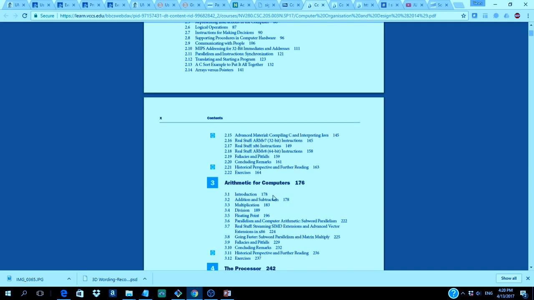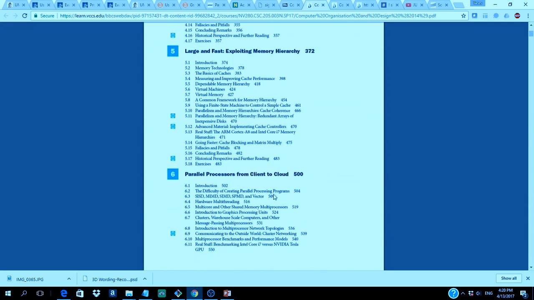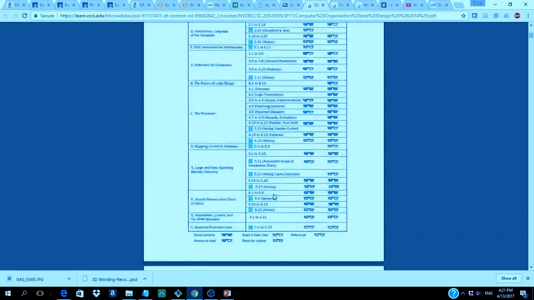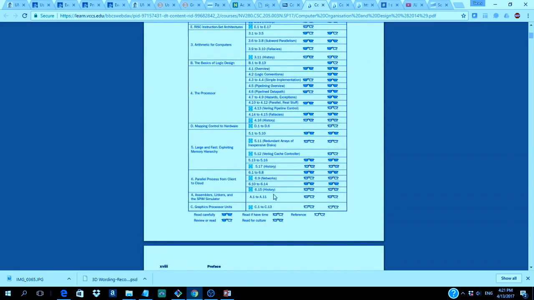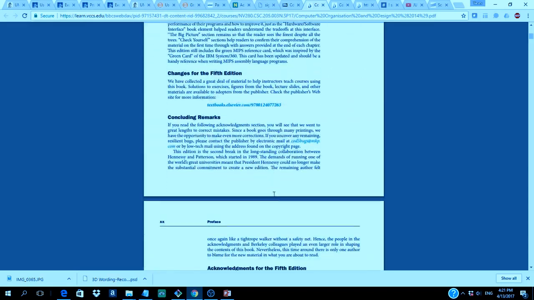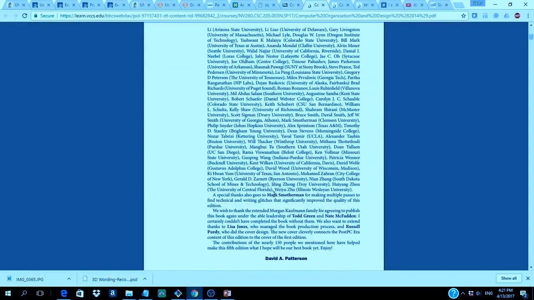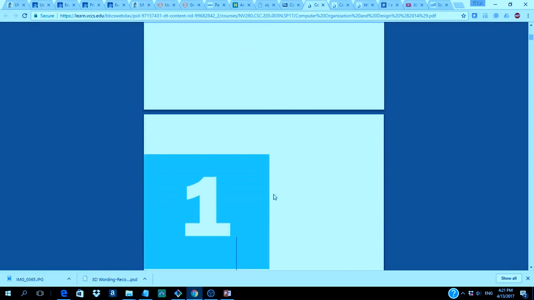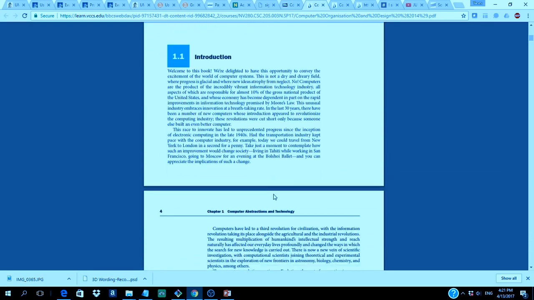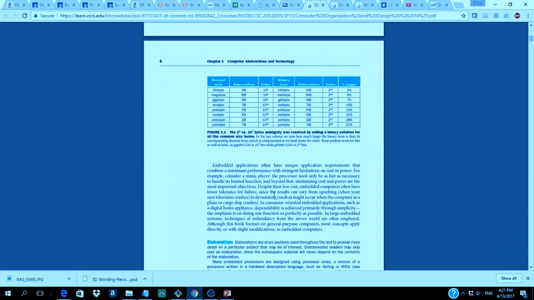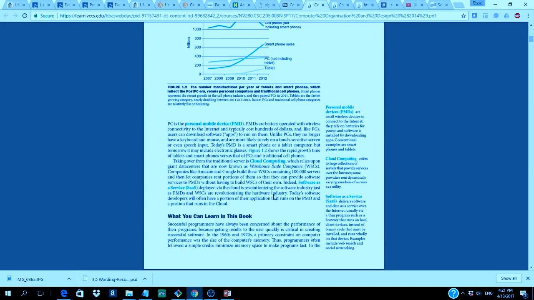Let me show you. There's some assembly that comes with this book that they use to talk about architecture. They didn't use MARIE assembly. They used x86, I think, a different one.